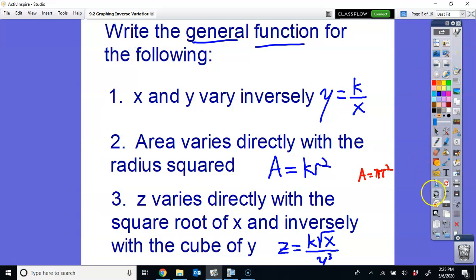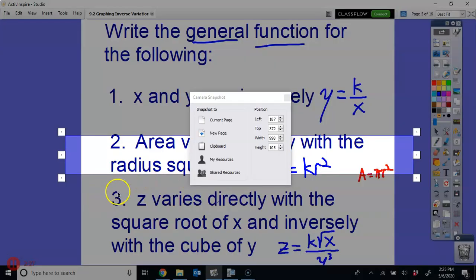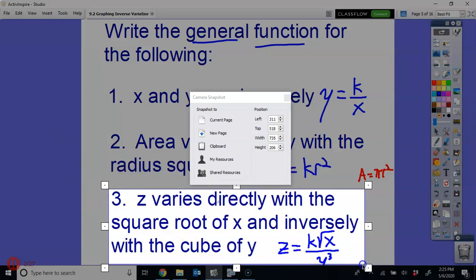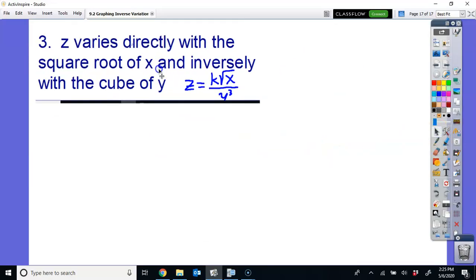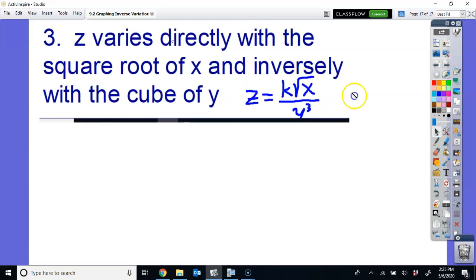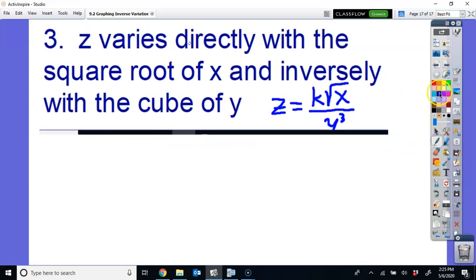So now, let's look at that example and let's find an actual specific equation for that one, so it kind of helps you with some of your homework maybe. So if I had z varies directly with the square root of x and inversely with the cube of y, let's say that I know that z is equal to 10 when x is equal to 16 and y is equal to 2.